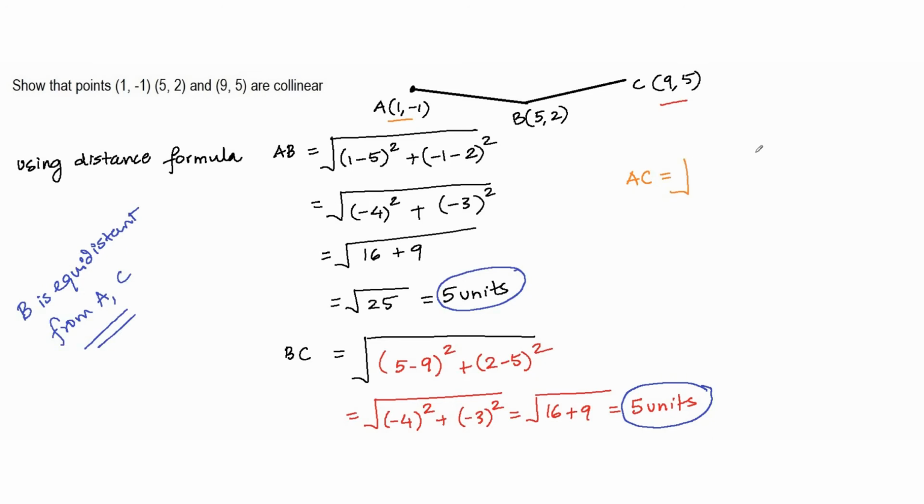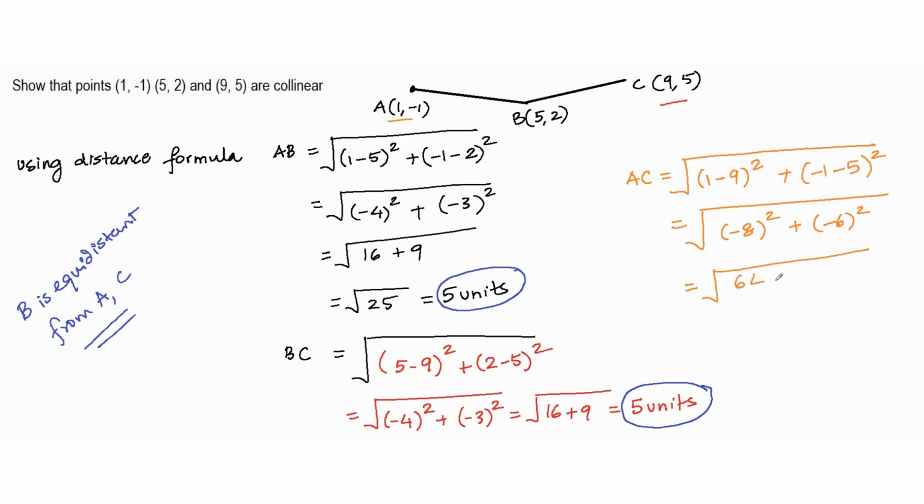So AC would therefore be the square root of the difference in their x coordinates, that is (1 minus 9) the whole square, plus the difference in their y coordinates, that is (-1 minus 5) the whole square, and that is going to be the square root of (-8) the whole square plus (-6) the whole square, which is the square root of 64 plus 36, and that is the square root of 100, which is equal to 10 units, right? So the distance between the points A and C is therefore equal to 10 units.